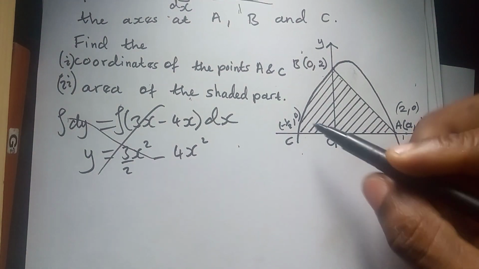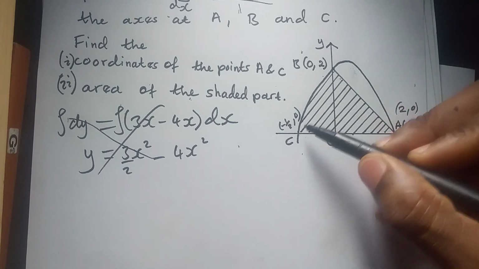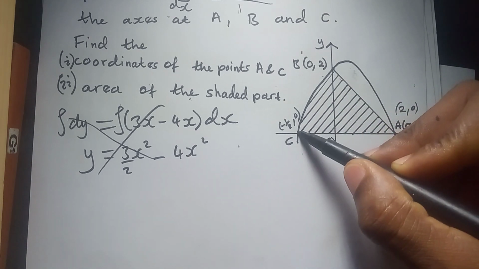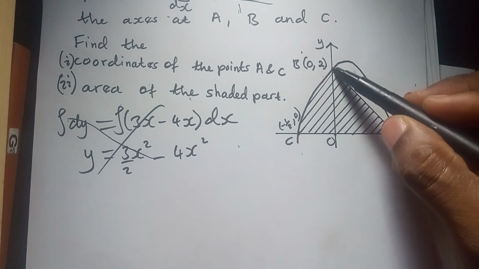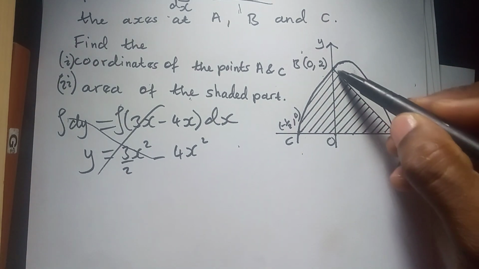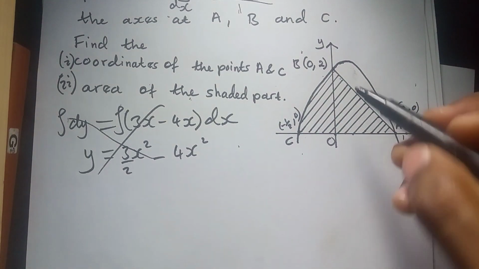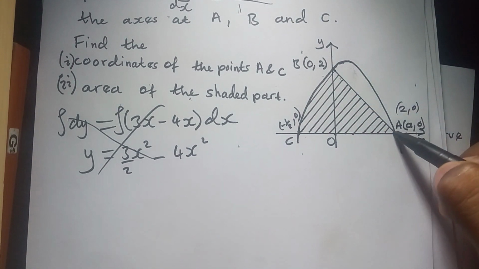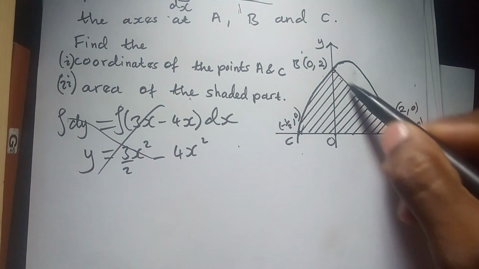To find the area of the shaded region, you can find the area below this curve from negative half to 0. Remember, you are not taking this function all the way because we have another function here which is a straight line. So you can find the equation of the straight line first and then find the area below this curve and below the straight line.